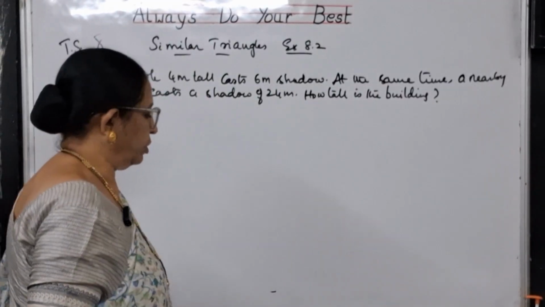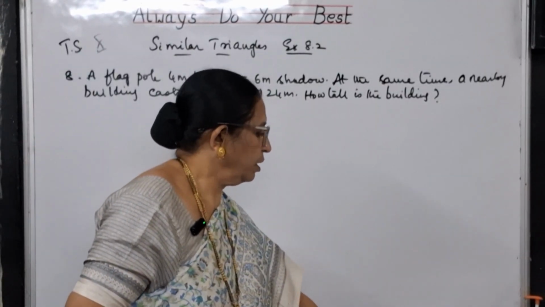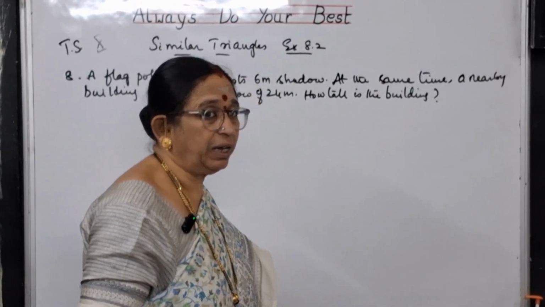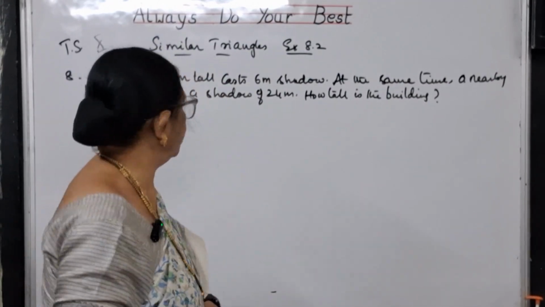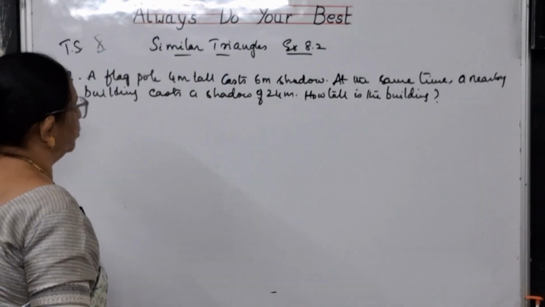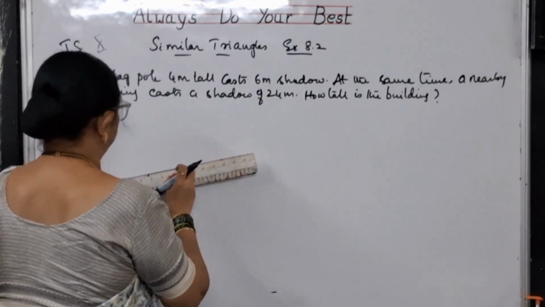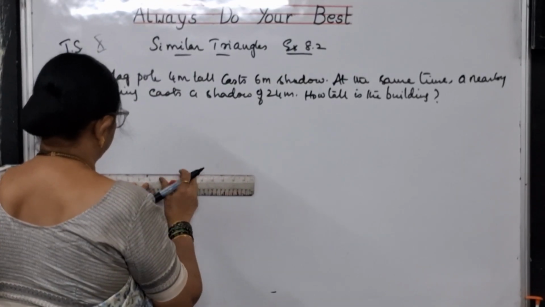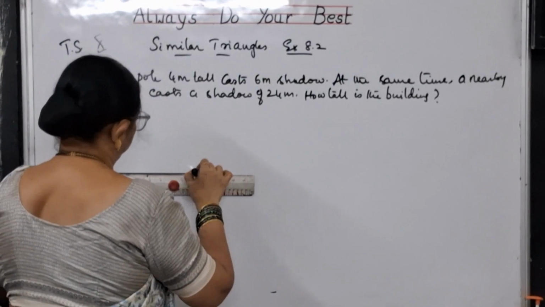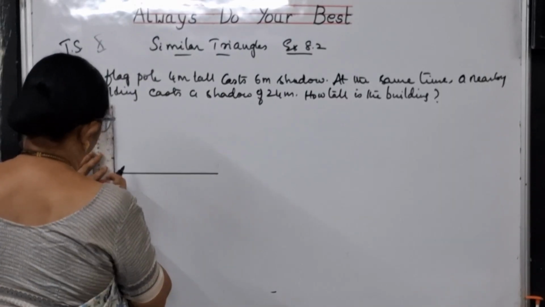So, one thing we can understand here, children, definitely the building height will be more than that of the flagpole height, and they are in a straight line. That, according to the problem, we can understand. So, let us draw a figure like this.